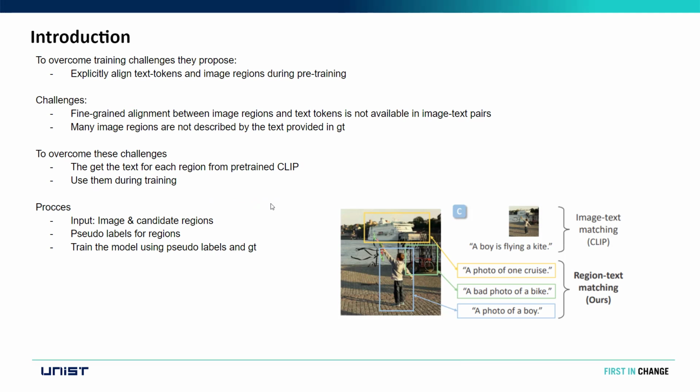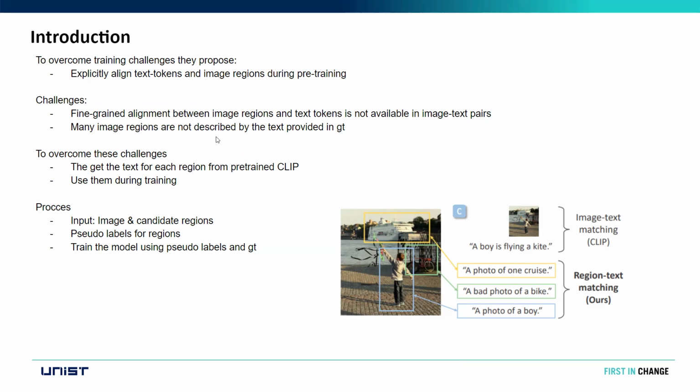So their solution is to align the text tokens and image regions during the pre-training. But for this, there are not many data sets that have each region of the image with its text tokens. For CLIP, there are data sets with image and text pairs, but for the regions, we don't have it.